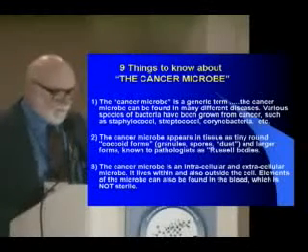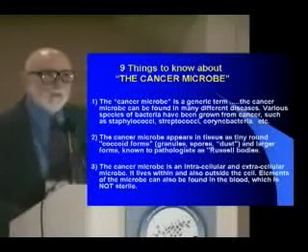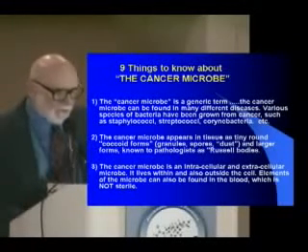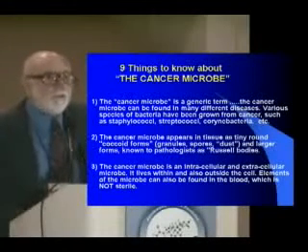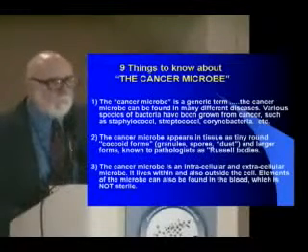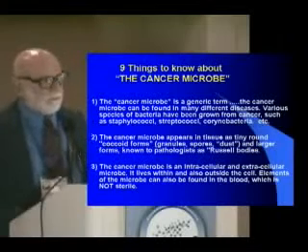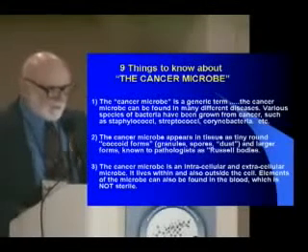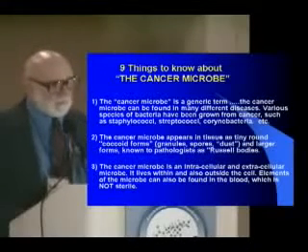The cancer microbe in tissue appears as small round forms as well as larger forms which are known to pathologists as Russell bodies. And again, I will show you slides to show you evidence of this. The cancer microbe lives within the cell and outside of the cell.